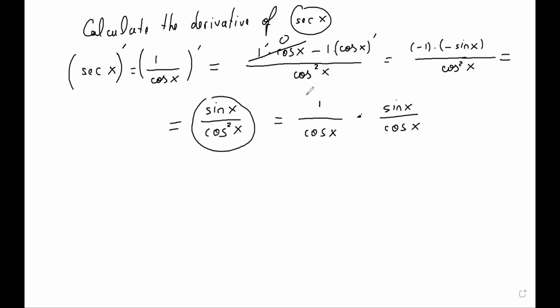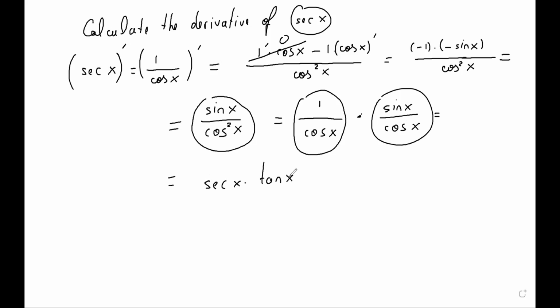But the advantage of this is that I retrieve a function that I started with, this one, 1 over cosine, or secant, and I can write the answer as follows. This is secant and this is tangent, folks. If you notice, sine over cosine is tangent. So this really is secant x times tangent x.